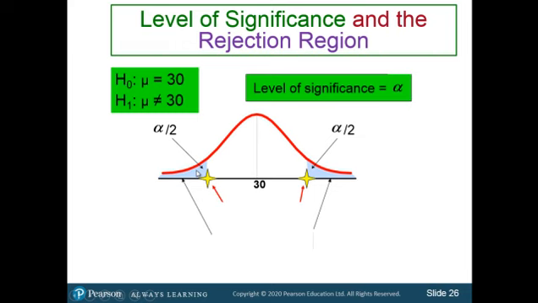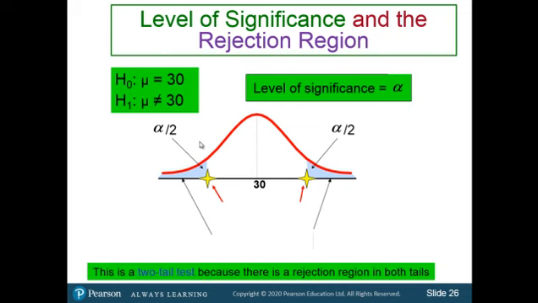So the left area and the right area should be equal. When we add the left area and the right area, it should equal the level of significance. And this is a two-tailed test because, as I mentioned, we use the symbol not equal to for our alternative hypothesis.